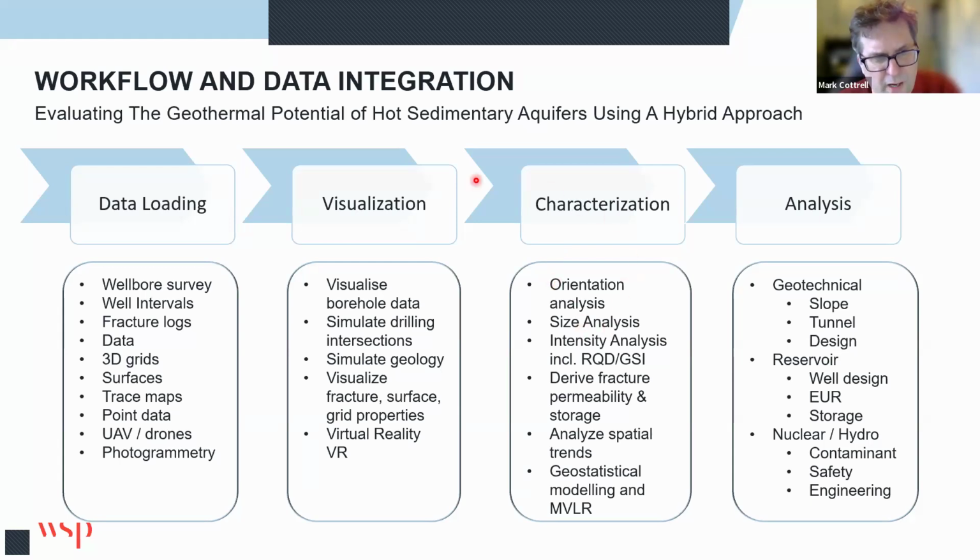And through combining these first three items, we have a means of generally plugging pretty good data sets into an analysis phase. And as I mentioned a moment ago, that analysis phase can easily feed different technical areas, different technical disciplines, including deep geothermal.